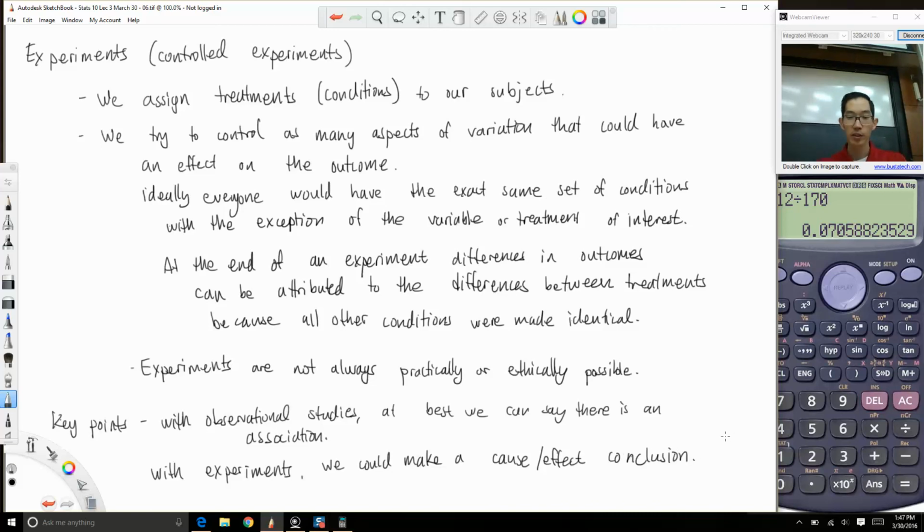Okay, so for a lot of studies, because experiments are not possible, all we can say is that there's an association. We can say things like increased levels of stress is associated with an increased risk of heart failure, okay?